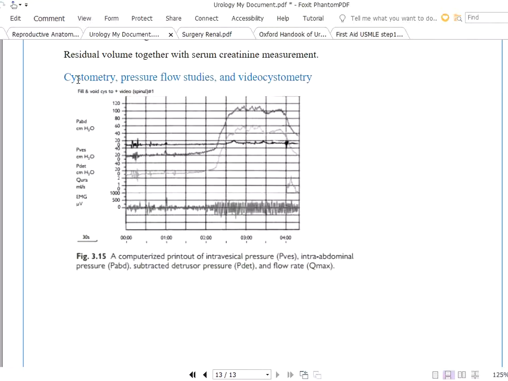It measures the maximum pressure of the bladder to contract, and also measures the pressure of urine that comes out because of the level of bladder contraction.